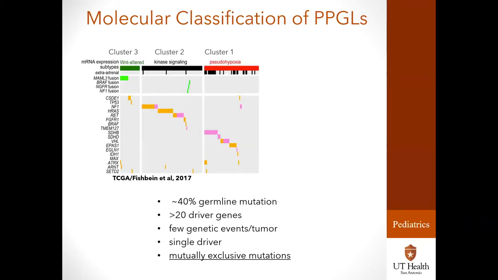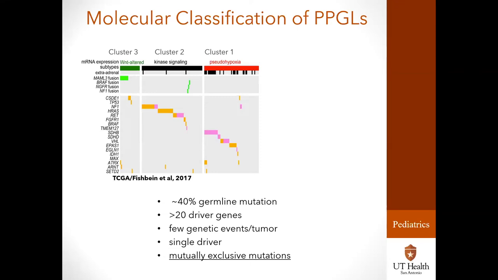In part, this is explained by the molecular basis of PPGLs. These are generally known to be genetically silent tumors, but they can be divided into 3 clusters, in which one cluster is enriched for pseudohypoxic or hypoxia-related expression, a second cluster is associated with kinase signaling, and the most recently identified cluster is associated with Wnt pathway alterations.